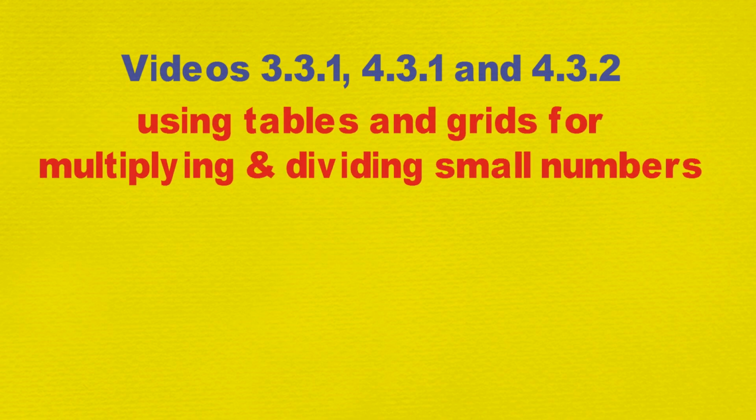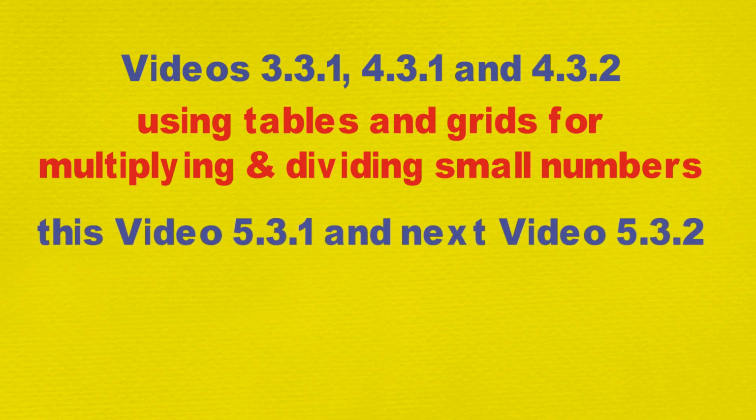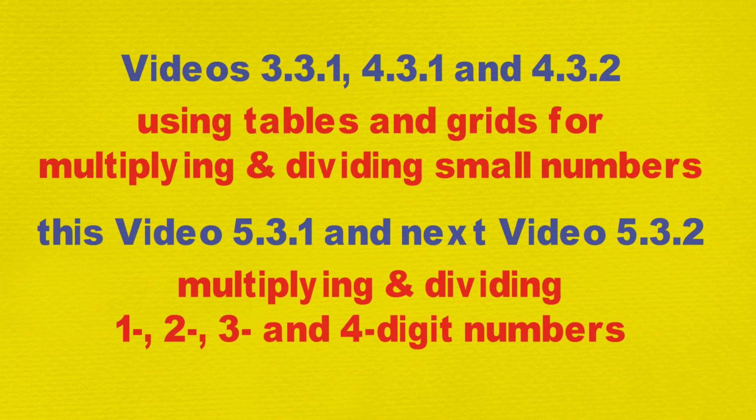In videos 3.3.1, 4.3.1, and 4.3.2, the twins used multiplication tables and the 10 by 10 multiplication grid to multiply and divide one-digit numbers. That day in the factory office, their pop showed them how to multiply and divide 1, 2, 3, and 4-digit numbers.